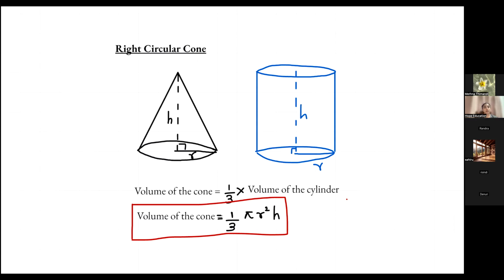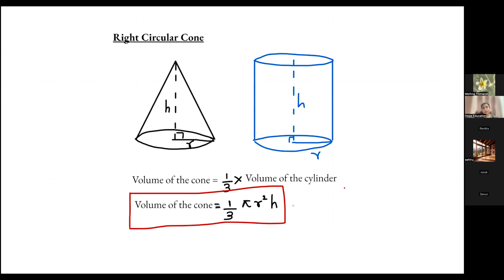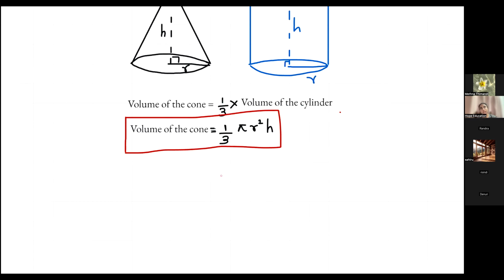Let's try a question. Shall we straight away do the exercise question, because it's not that difficult? Every question in these volume lessons just uses the formula. You know 1/3 is just a fraction, pi is 22/7, r is the radius, h is the perpendicular height.